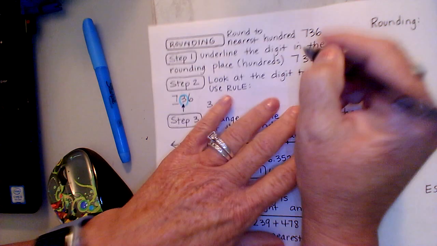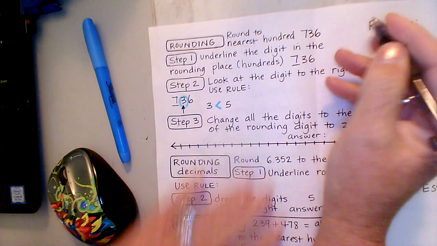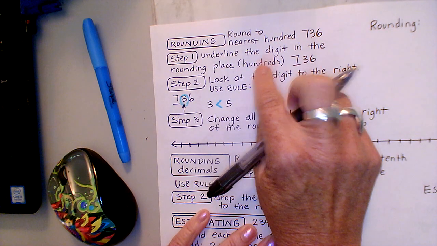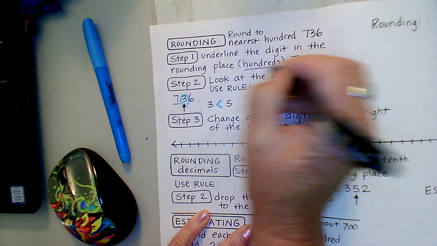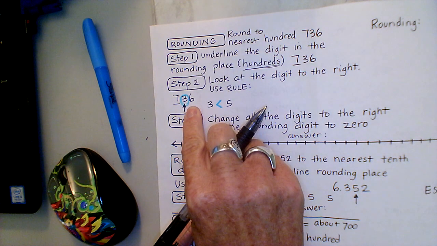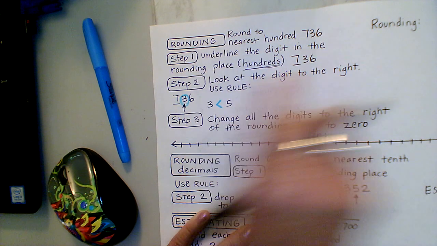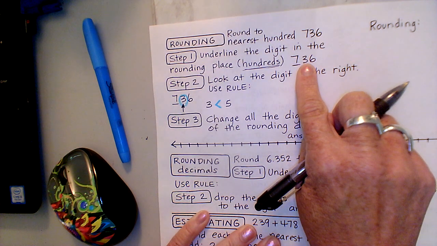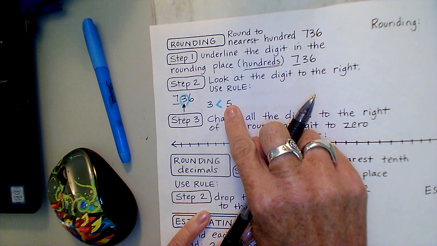Okay, so in step 1, we're underlining this digit because it is asking us to round to the nearest hundreds, right? Yes. Step 2, we are circling this digit because it is to the right of the 7. 3 is less than 5.